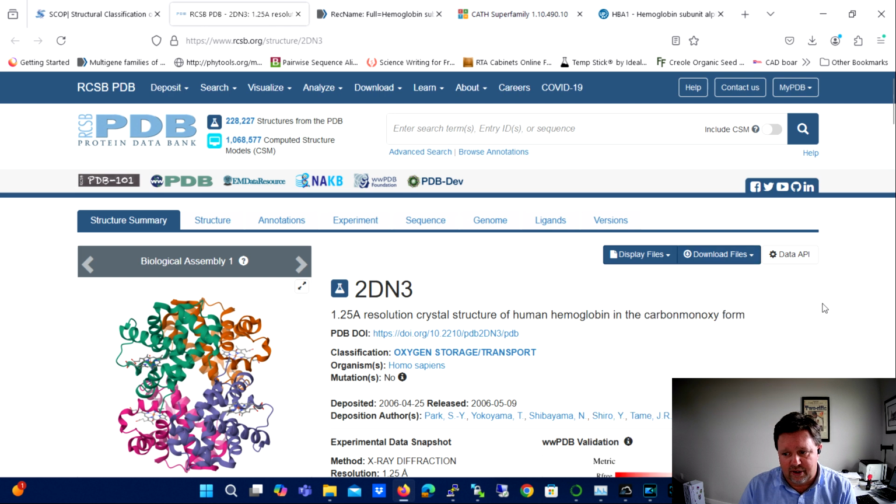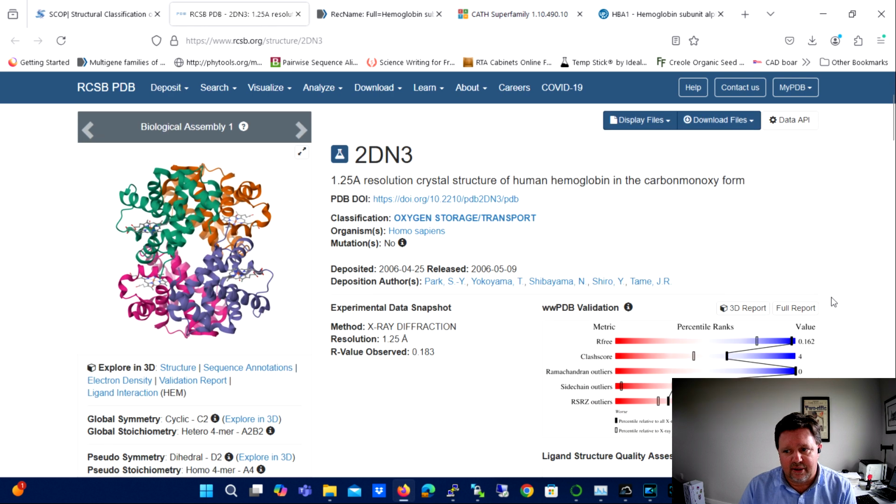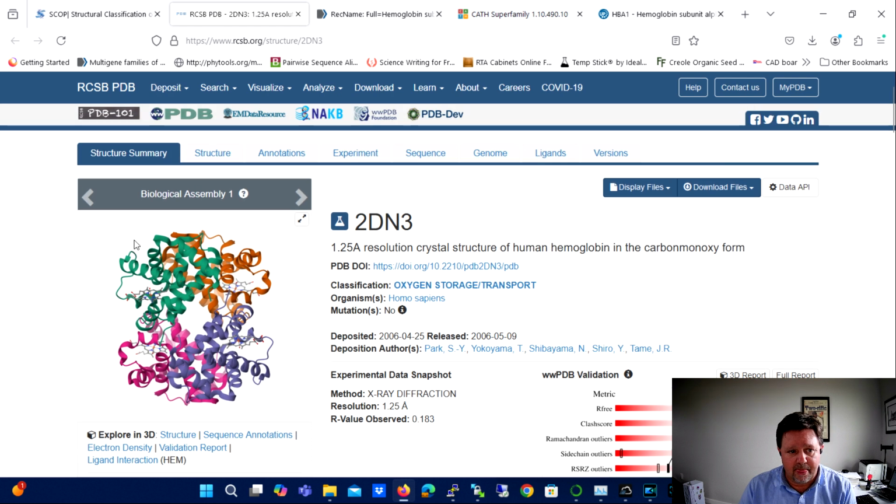You can also download the sequences, or you can design an API call to automate that process, and you can download thousands of sequences or structures a day that way. So that's the Protein Data Bank. Its purpose is to house structures, and the structures in the Protein Data Bank were experimentally determined. Okay, they're not predicted structures; these are actual solved structures.